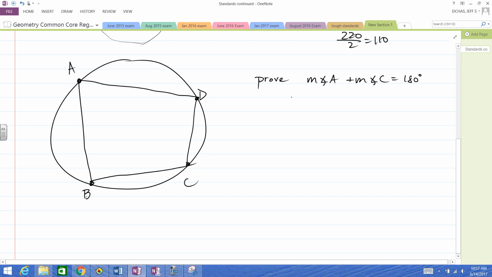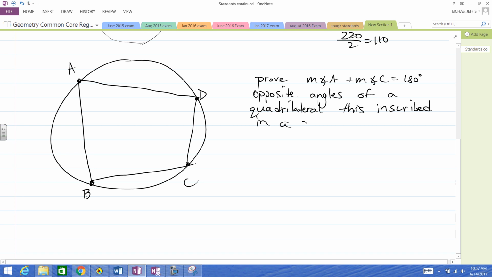Basically, opposite angles of a quadrilateral that is inscribed in a circle must have measures that add to 180.